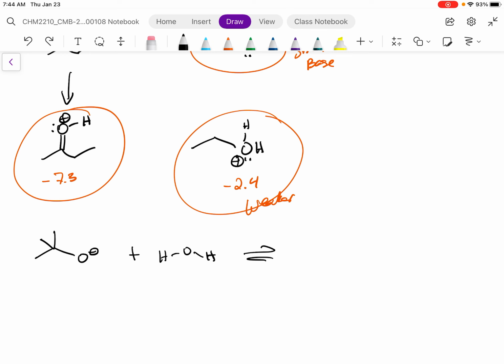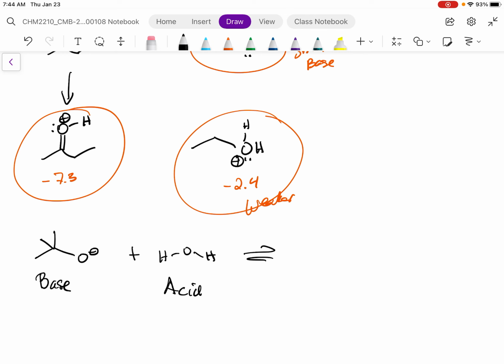Well, more often than not, when you have something that's negatively charged, that's going to act as the base. And then water, you already know from all your years of chemistry that can act as an acid. Water's tricky though. It can act as an acid and a base, as you'll see as we progress.